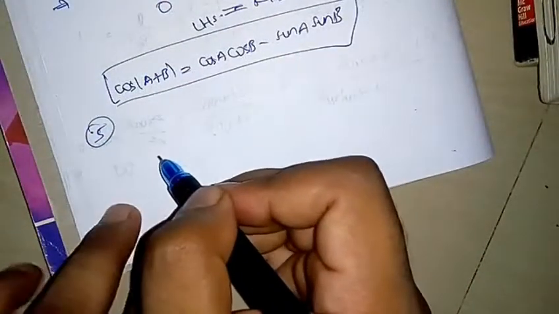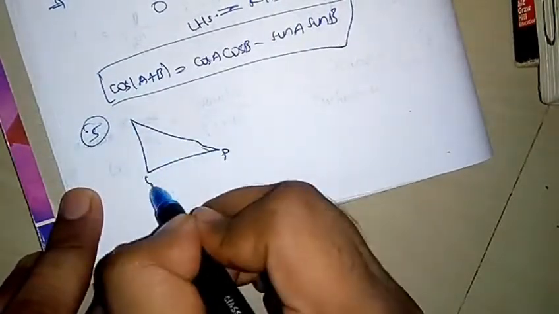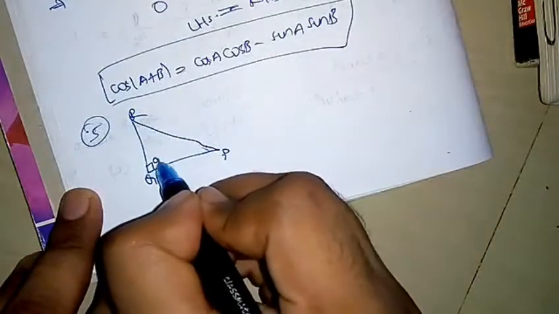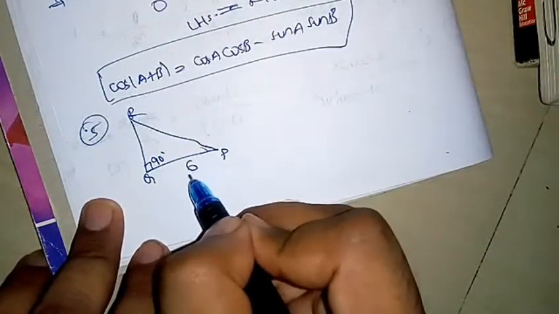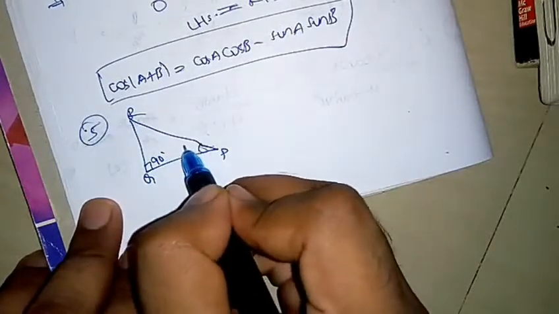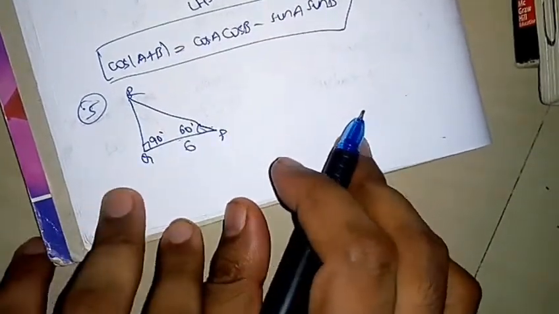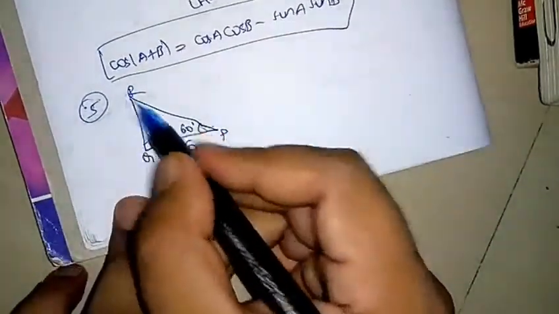Fifth one. Right angle triangle PQR, right angle at Q. Q is 90 degrees. PQ is equal to 6 centimeters. Angle RPQ is 60 degrees. Determine length of QR.